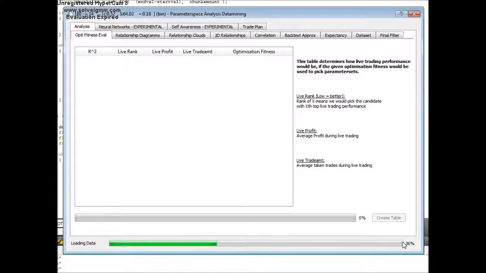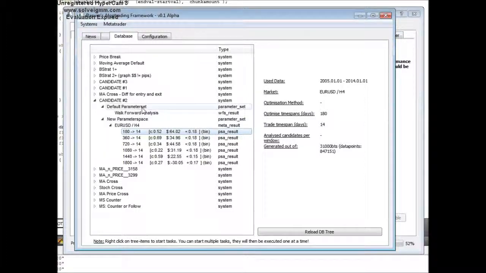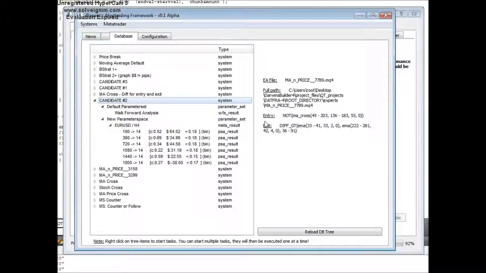And now we are going to do the second step of analysis. The first one was to pick best in sample and out of sample time spans, and now of course we want to know what parameters are best suited for our system. And remember, this is our system.